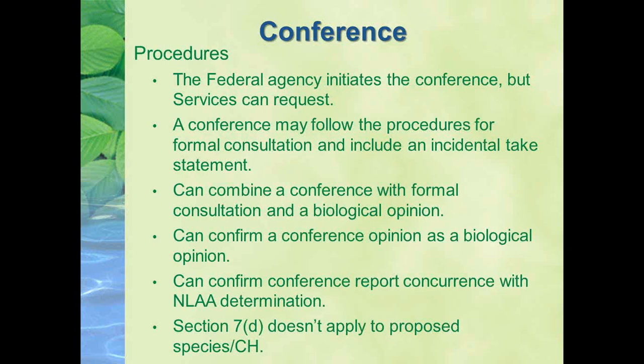So you can combine those together, and if we go formal, follow the procedures for formal consultation with the conference, we can put that in the biological opinion, and it'll have its own little section called conference opinion. And then later, when and if that species or habitat is listed, we can confirm that opinion upon your request to do so as a biological opinion.